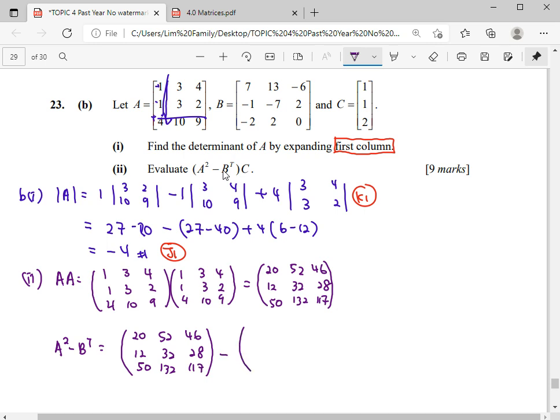So what is T? What is transpose? B transpose means take the matrix B and transpose it, rows become columns. And get to the answer, so we do the minus here.